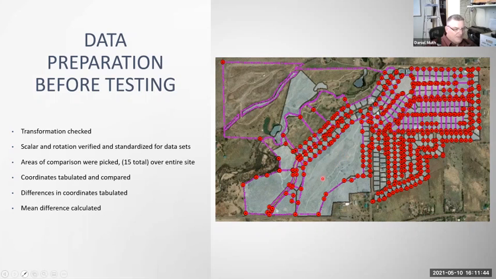Over the course of the site, I took the northwest corner, the northeast corner, this monument down here at the southeast corner, a couple points here in the middle, and then the southwest corner as my primary test sites. I had 15 total sites, but some of them contained observation error or random error, and those had to be cleaned up. So from the final 6 sites, I tabulated the coordinates and then compared the differences.